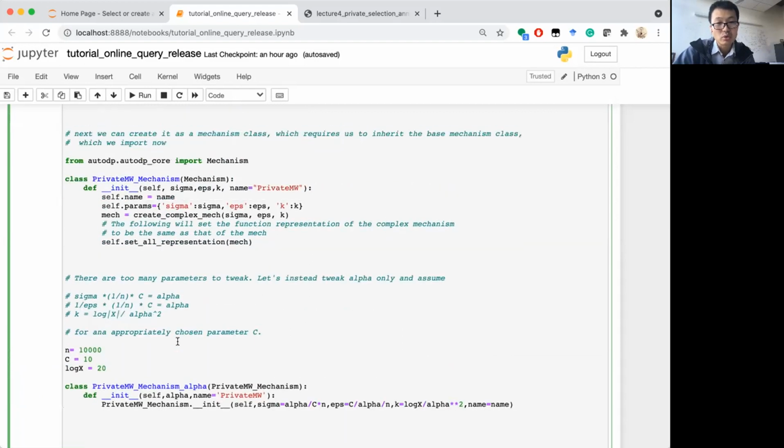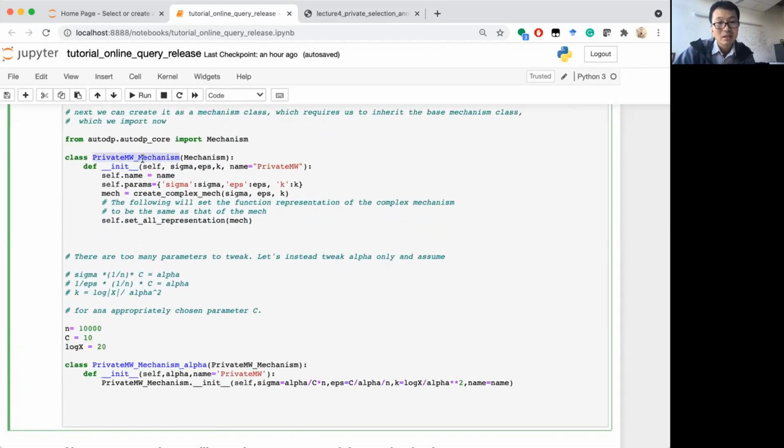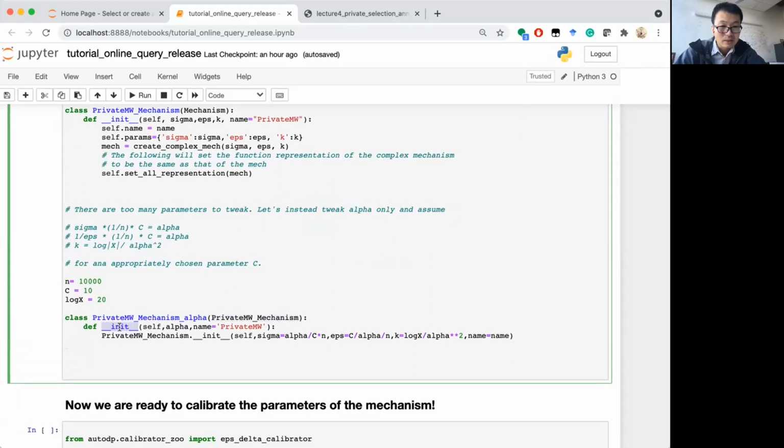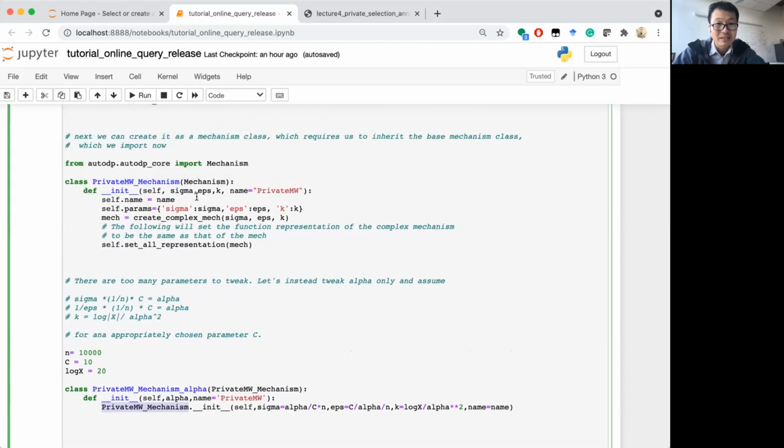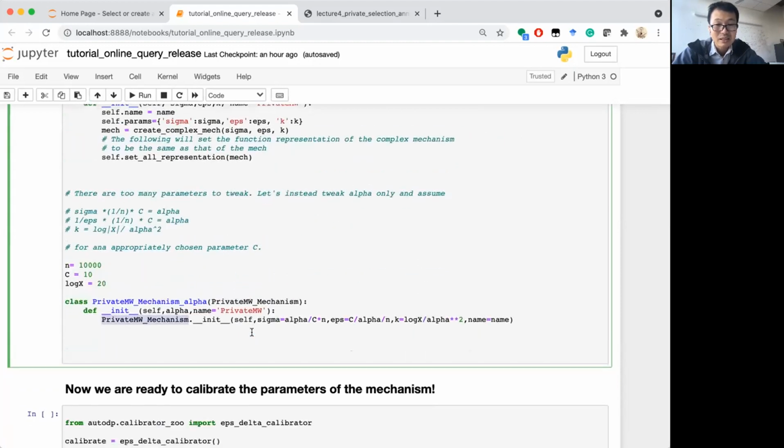And what we can do is to further inherit this private multiplicative weight mechanism and then create a new constructor that takes only this alpha as an input parameter. And then we can just implement these formulas by passing this into the constructor of the private multiplicative weight mechanism definition that we defined earlier in the previous class, right?